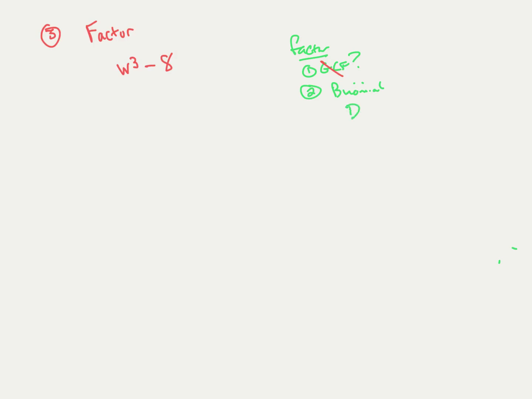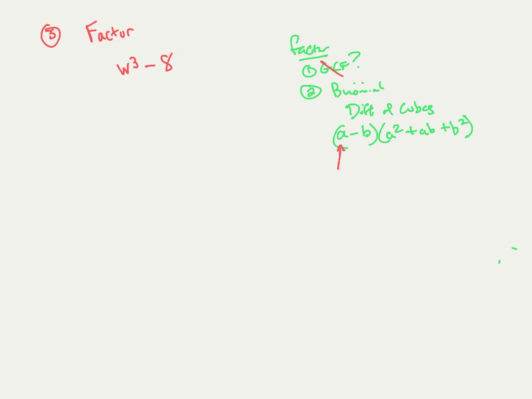So we got difference of cubes, which the formula for that is going to be a minus b, and then a squared plus ab plus b squared, where a, like with difference of squares, a was the square root of the first term.